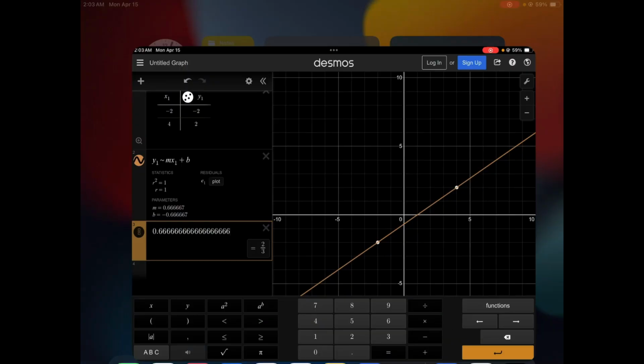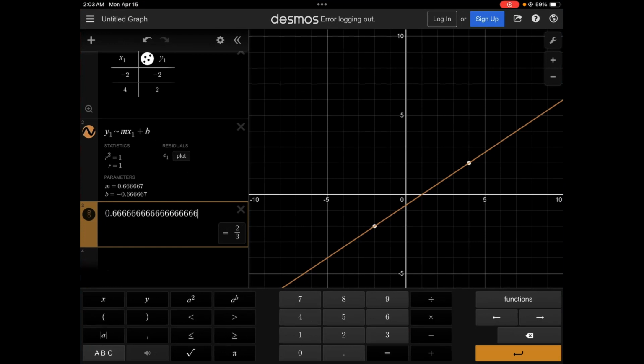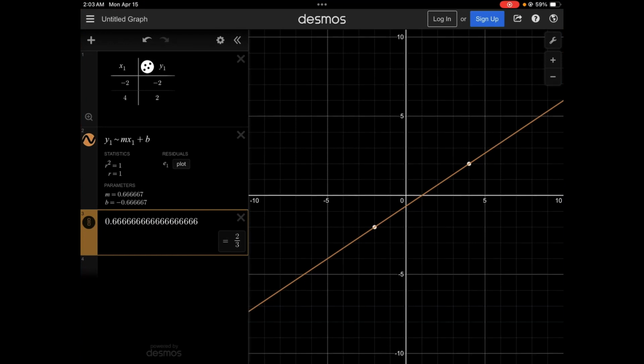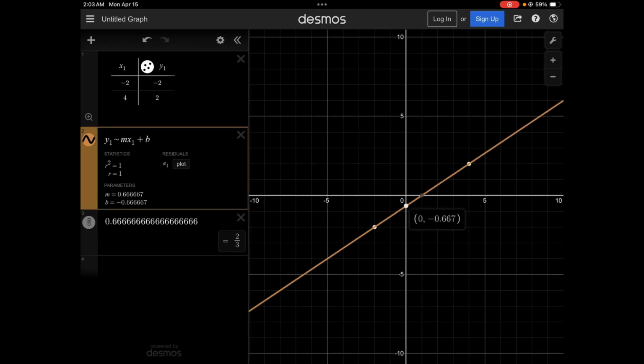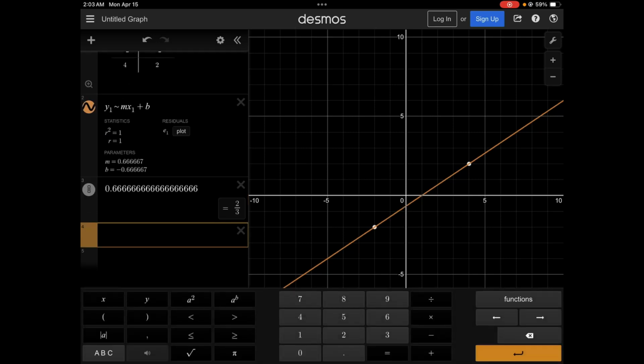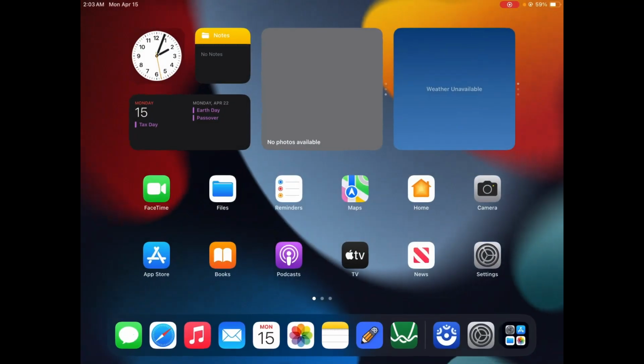Okay, let me look at the y-intercept. The y-intercept is also the same number, but it's negative. So the y-intercept will be negative 2 over 3.